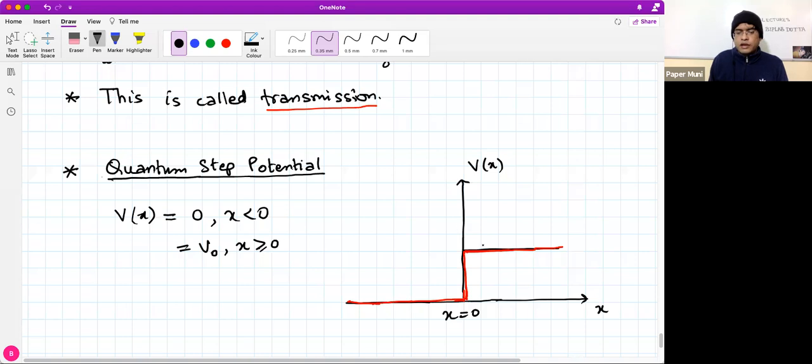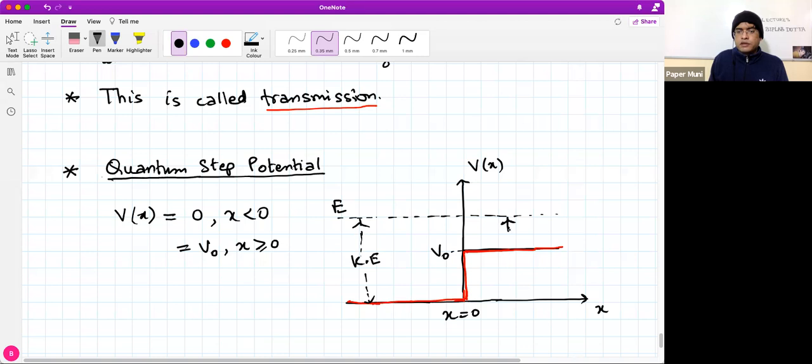And this is V naught, and let's say that the initial energy of the particle is at this level. So this is energy E, and this is V naught. We have the kinetic energy, purely kinetic initially.